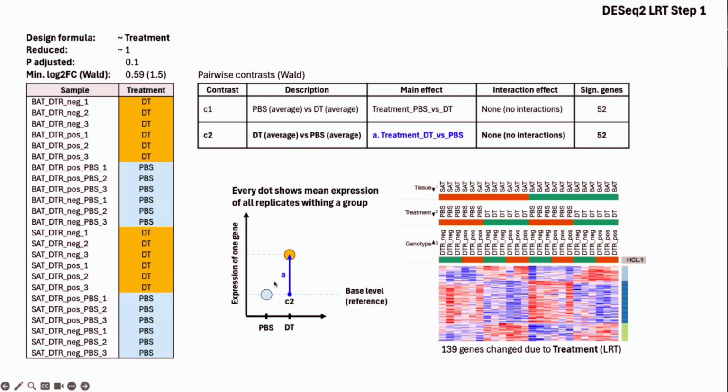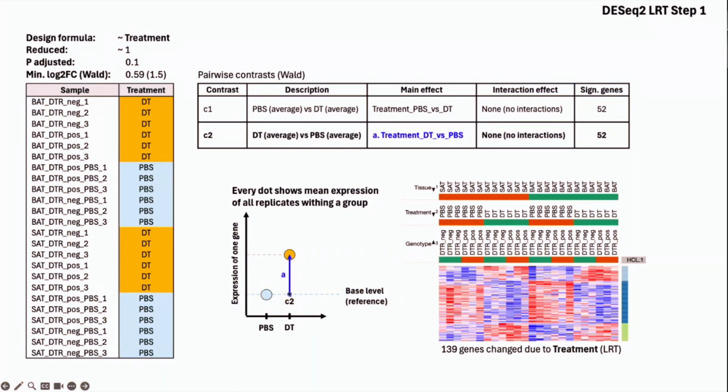This scheme shows how DESeq models it. Every dot here is an average expression of a certain gene per group. So this is a certain gene from all of the samples that belong to the PBS group. This is a certain gene from all of the samples that belong to the DT group. In DESeq, one level is defined as a reference. In this case, it's PBS.